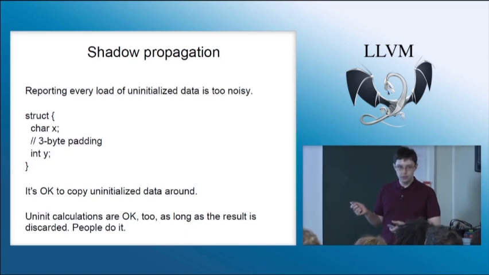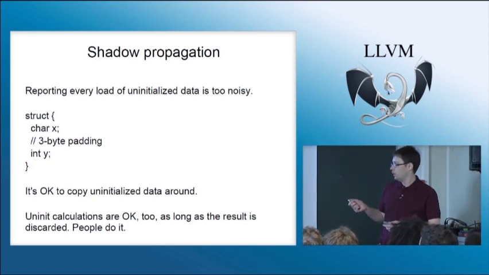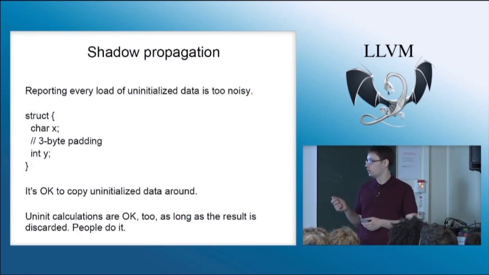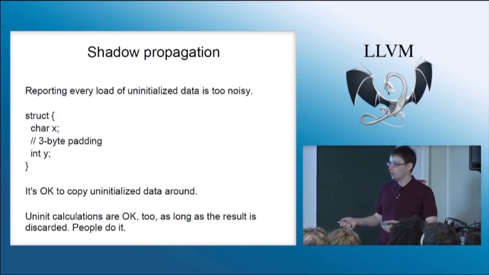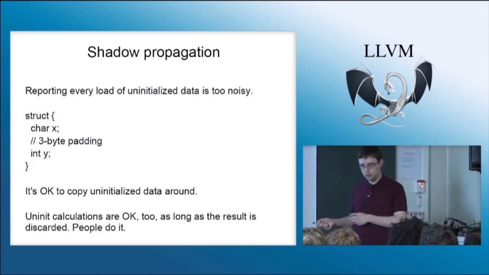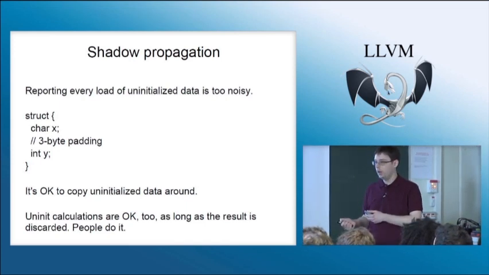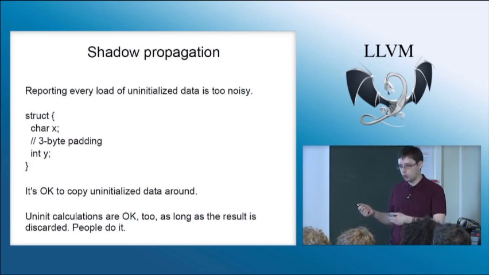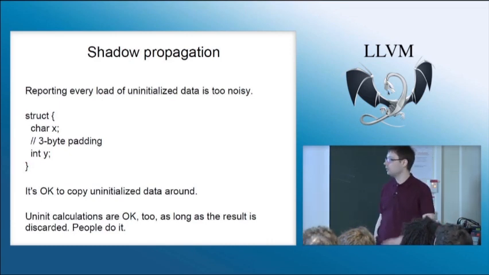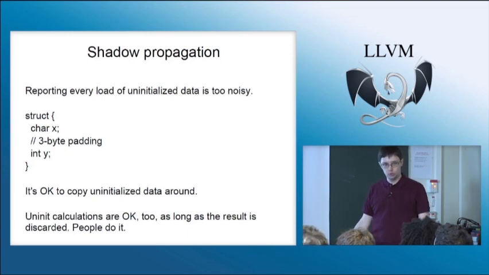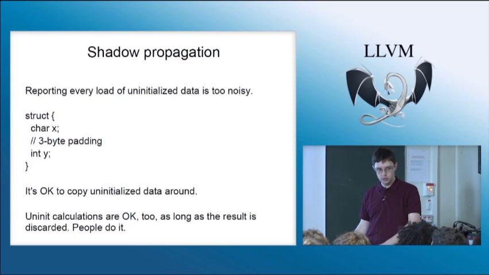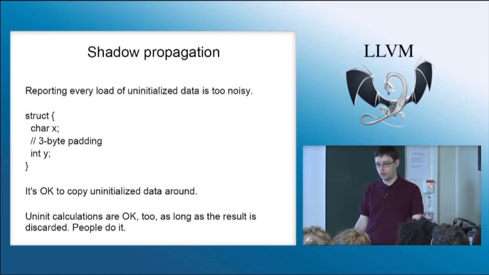First of all, we cannot report every operation on uninitialized values as an error, because there is this very common case when you copy a struct with padding inside, with a hole, and this hole is typically filled with uninitialized data, and you have to allow at least copying of such data without warnings. Apparently it's also common to do some simple math on uninitialized data and then just throw away the result. It happens, and our tool allows it without warnings.